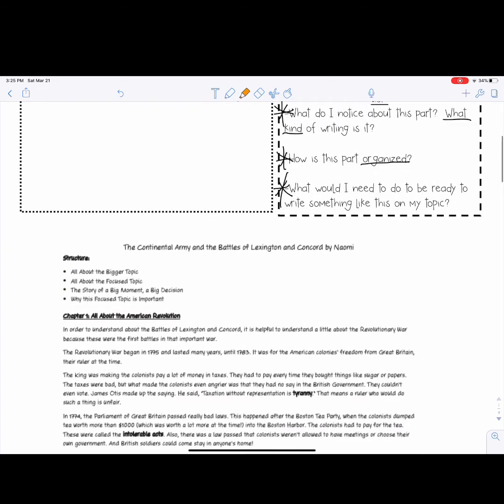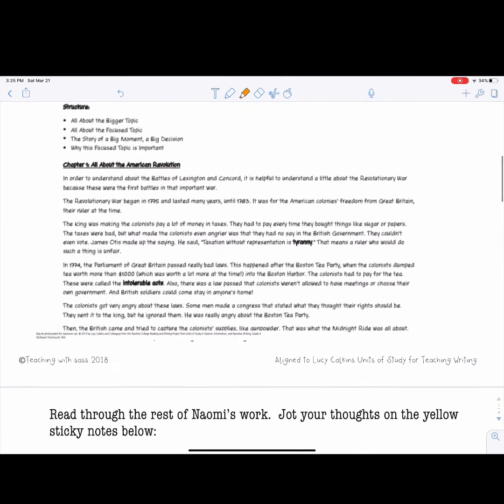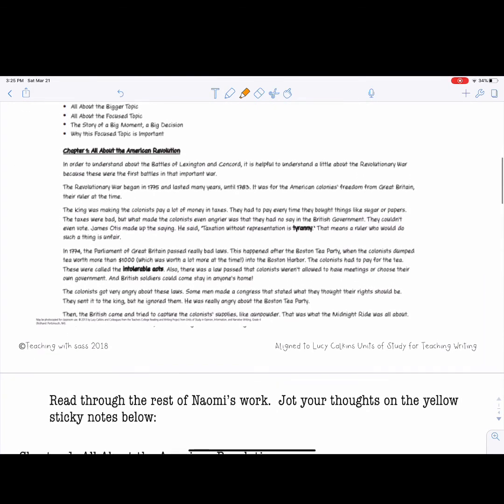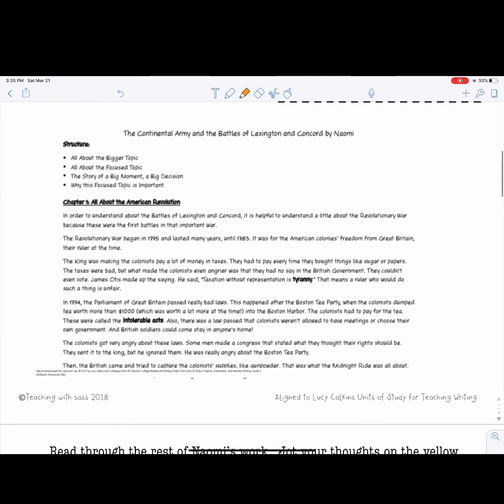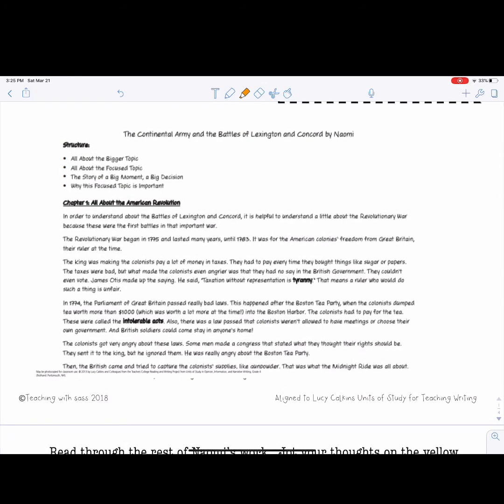Let's go ahead and scroll down, and we're going to look at this first part of our mentor text. Chapter 1 is titled All About the American Revolution. Now, this writing by Naomi, the author, this fourth grader.